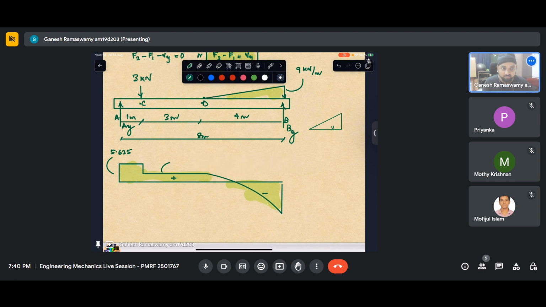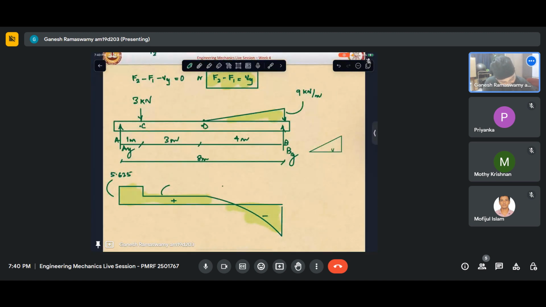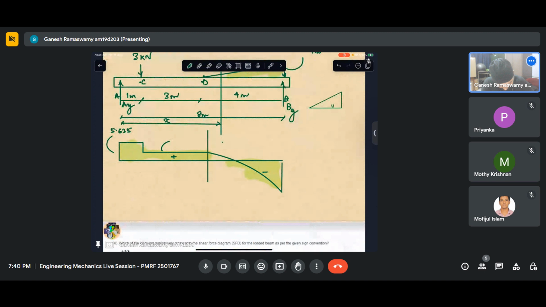So up to this point, the left side, it is clear. Now if I take a section at a distance x, my force will be Ay. The thing is, I put By here and then connected it by a line.